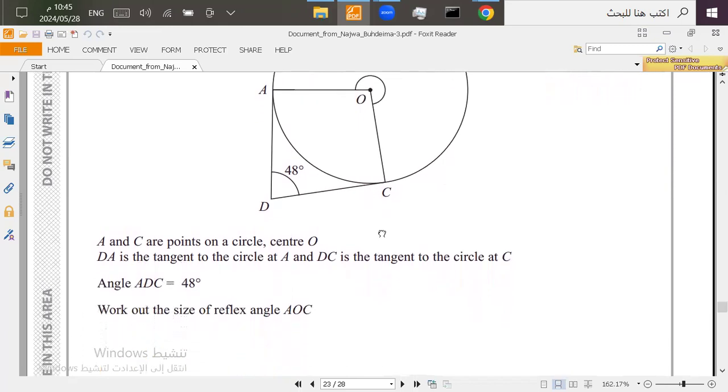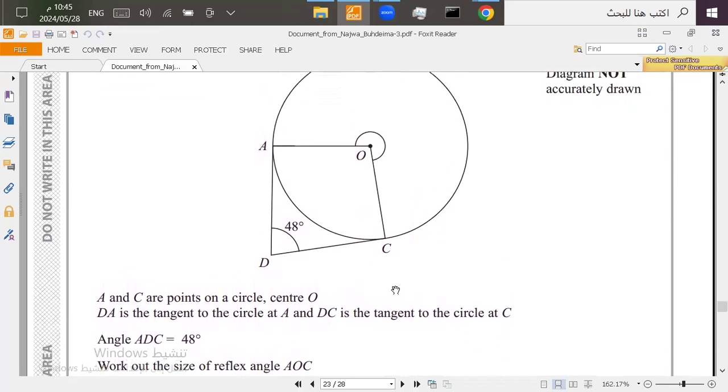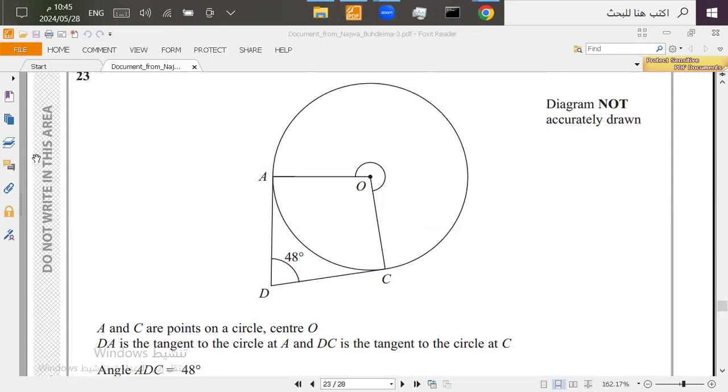Work out the size of the reflex angle AOC. So they need the reflex angle AOC, which is this one. This is the reflex angle. And the word reflex means the angle is bigger than 180, smaller than 360. So to find this angle, I have to complete all the angles here. First thing I see is that this is a radius, and this is the same radius.